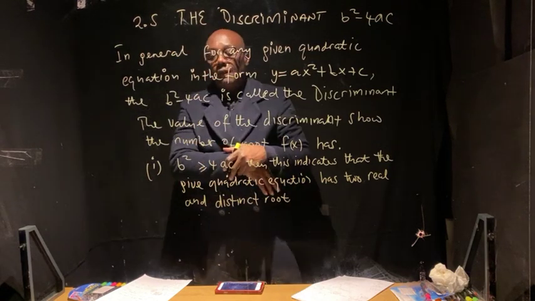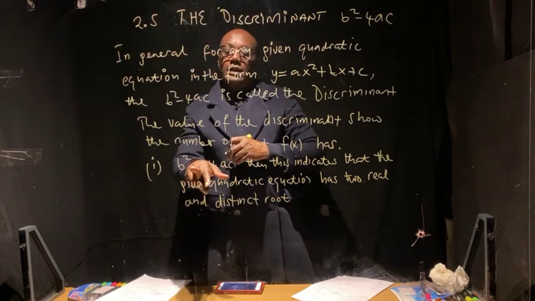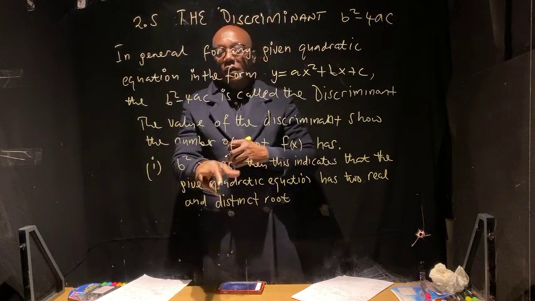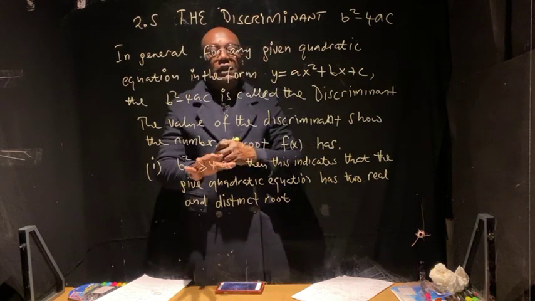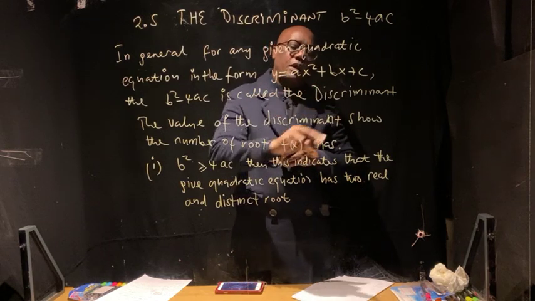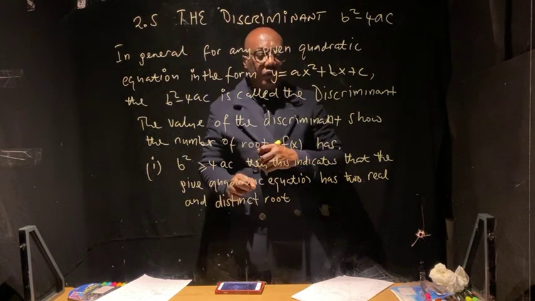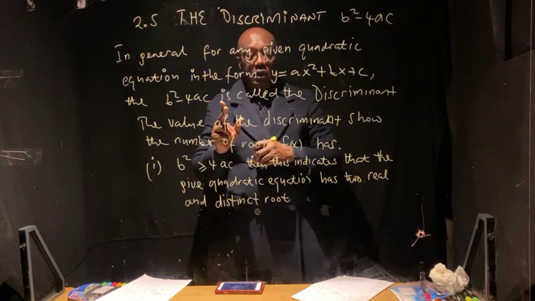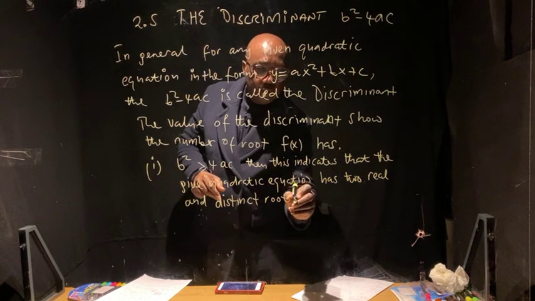When you observe that b squared is greater than or equal to 4ac, then it indicates that the given quadratic equation, that may be in this form, possibly, or with all reasonable degree of certainty, has two real and distinct roots.